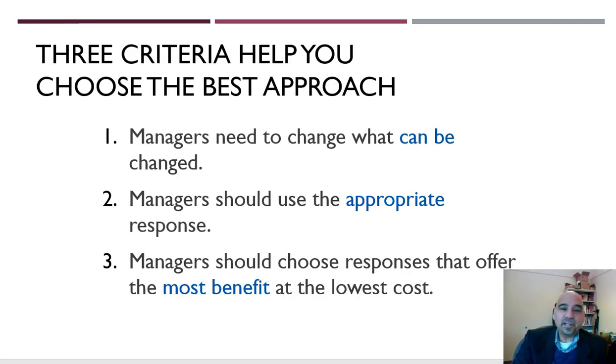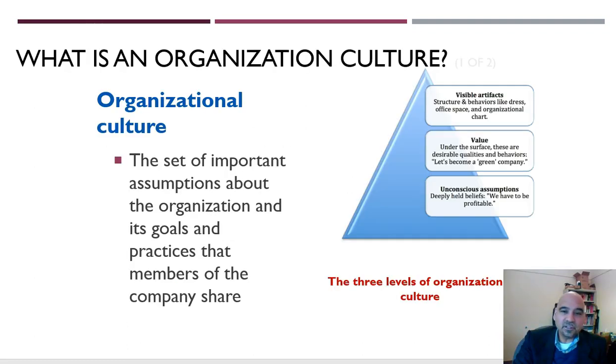So here are 3 criteria to help you with the best approach. You need to change what can be changed. You should use the appropriate responses, and then you should choose responses that offer the most benefit at the lowest cost. So costs are always a consideration.